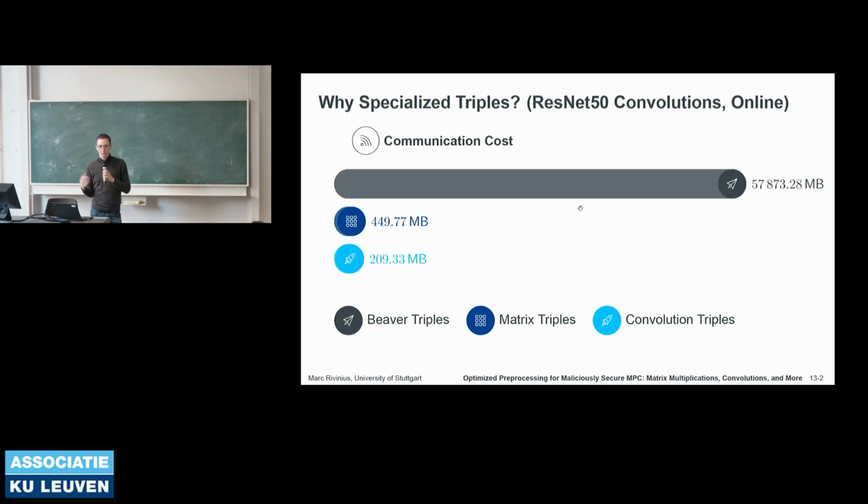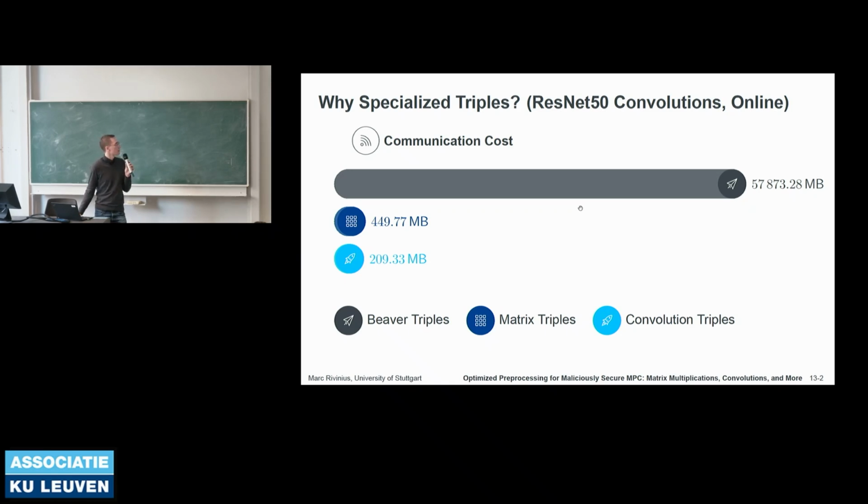Then one thing is the overall overhead is quite large. So here's for communication, which is the main bottleneck of MPC. A lot of the times, if you break down, here in this example for the ResNet 50 ML model, you just look at all the convolutions, ignore the rest, and figure out how many multiplications you would need.